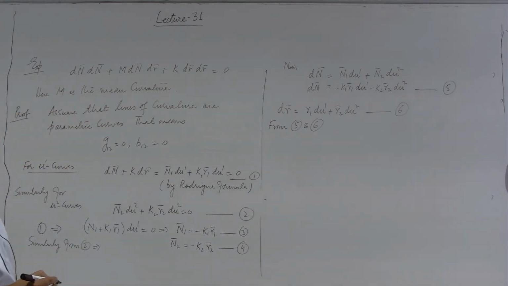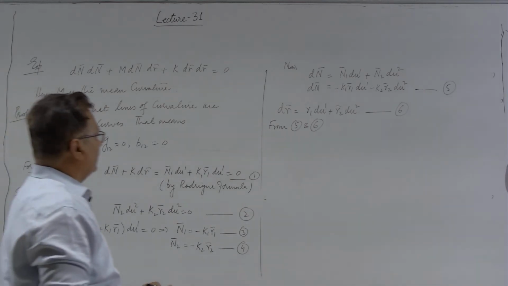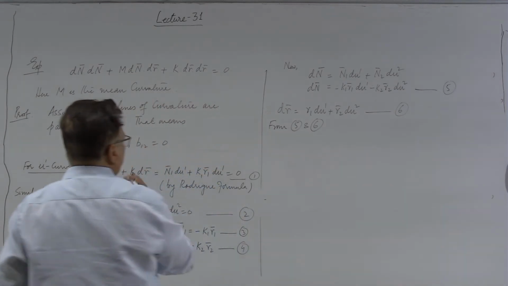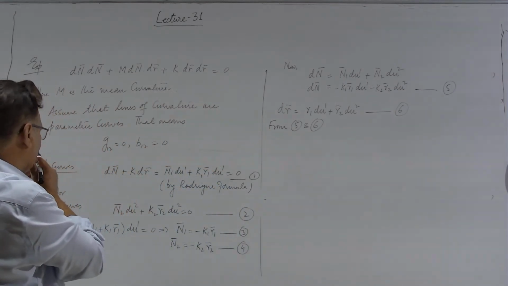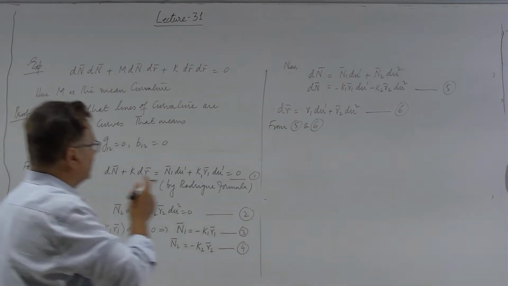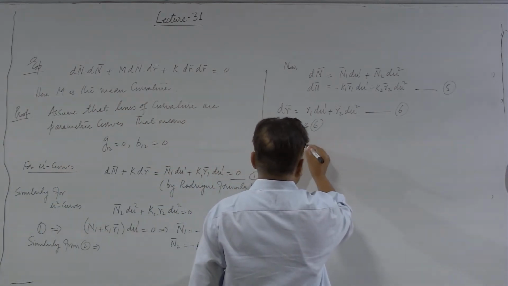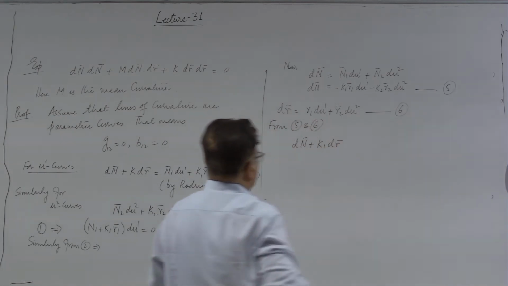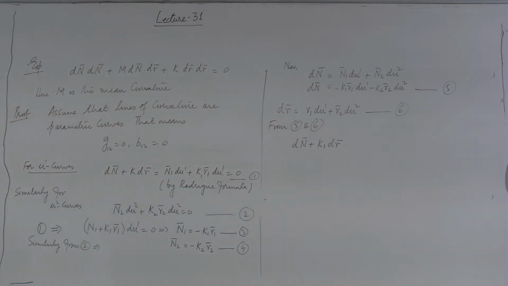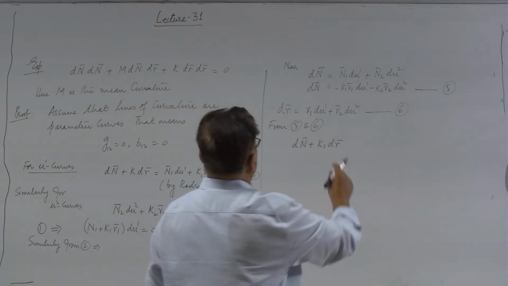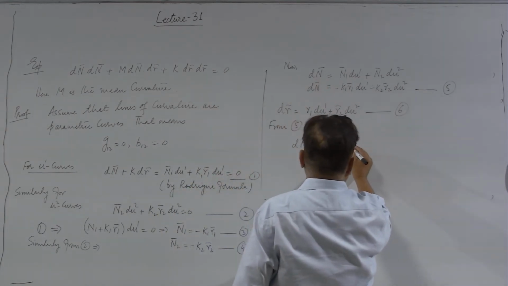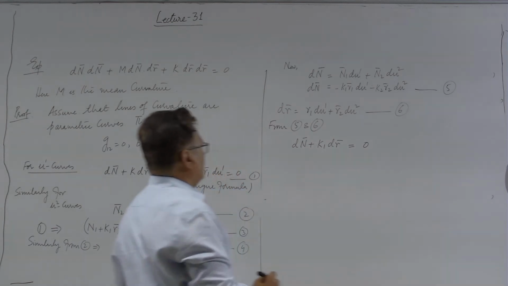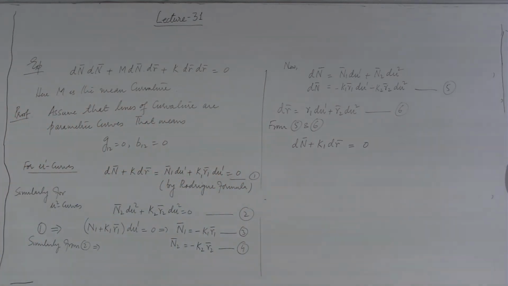We can directly put it equal to 0, but what I am interested in is dn plus k 1 dr. K 1 dr, not k dr, I am just looking for that.